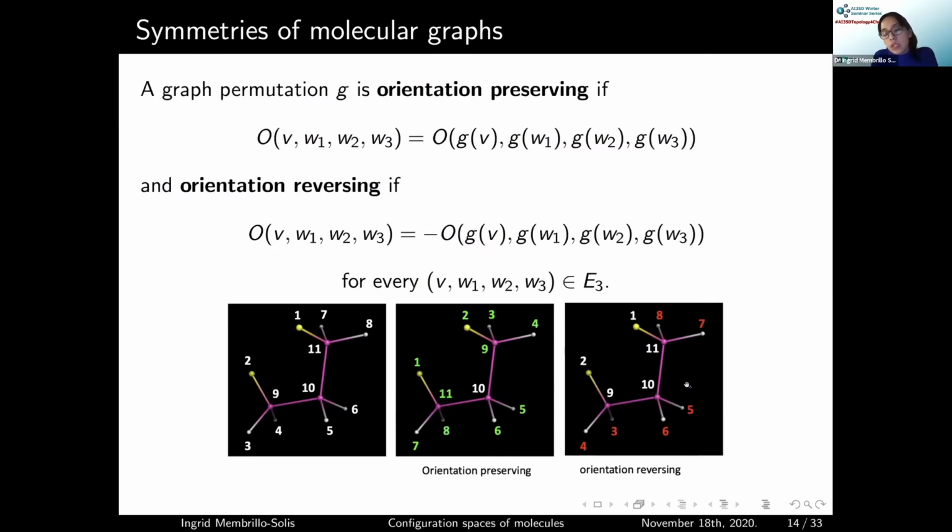Something that is orientation reversing is this other permutation, in which we take a mirror reflection through a plane of symmetry in this molecule, reflect the molecule, and then obtain this other conformation or labeling for the conformation.